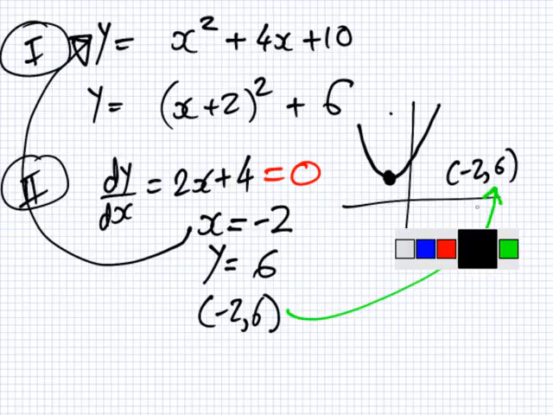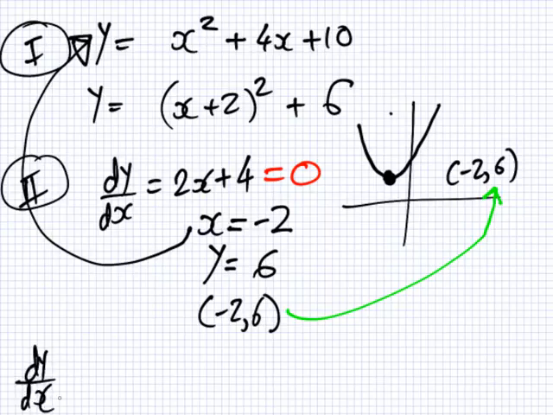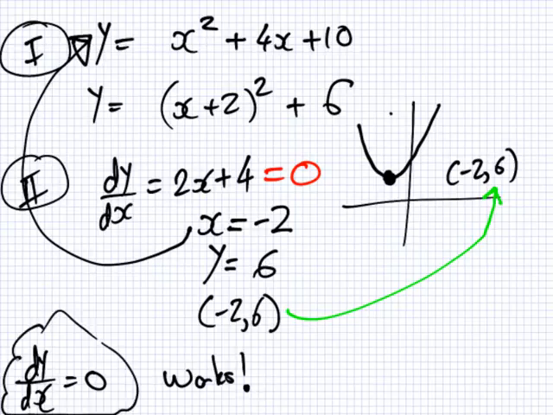So my point is that derivative equals 0 works. We can use this to find the turning point. However, this has many advantages. What's one big advantage of using this method? It's very easy.